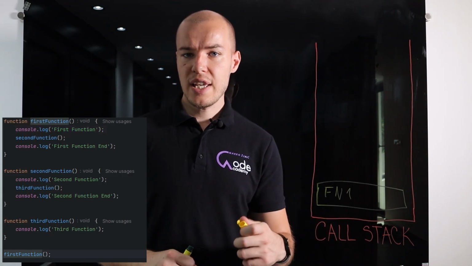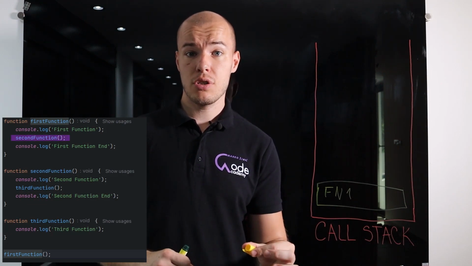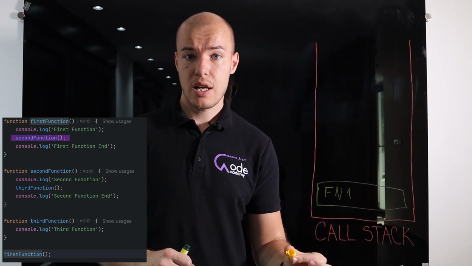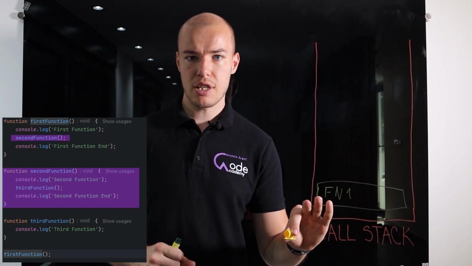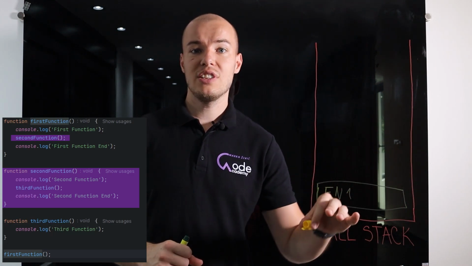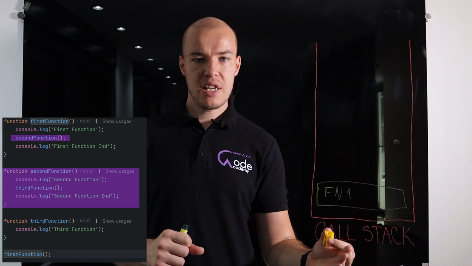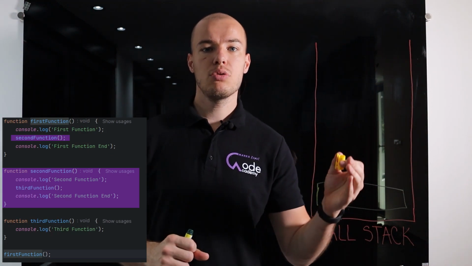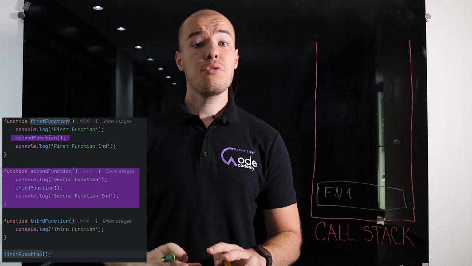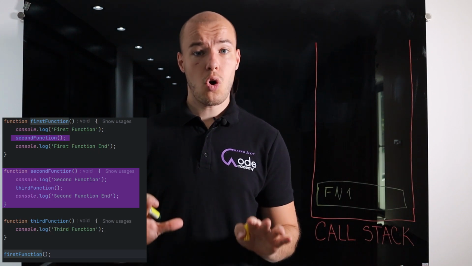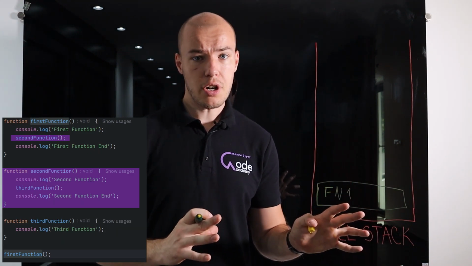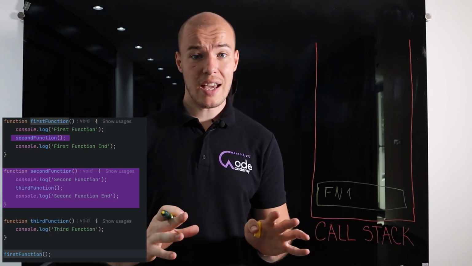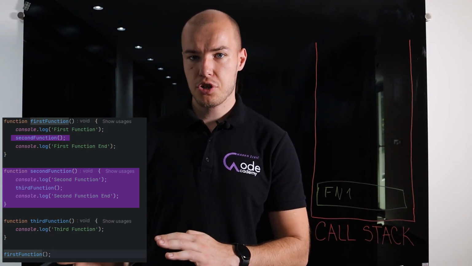But after that, we can see that the second function gets invoked, which means that the first function is still not done executing, but we have invoked the second function, which means that it will be pushed to the call stack as well. As you already know at this point, call stacks are basically stack data structure, and when it comes to stacks, they are first in, last out type of structure.